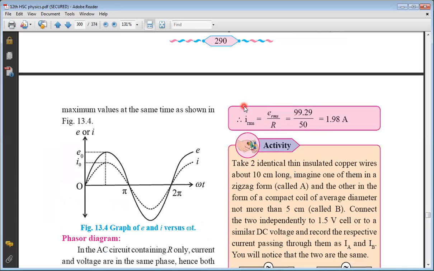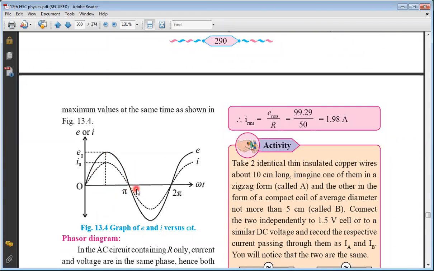Please see the variation of instantaneous EMF, it will be like this. This is the angle through which coil has rotated, omega t. As coil keeps on rotating from 0 to pi by 2 radians, EMF goes on increasing, becomes maximum E naught. As coil turns from 90 degrees to 180 degrees or pi by 2 to pi radians, EMF goes on decreasing and becomes 0 at pi radians.